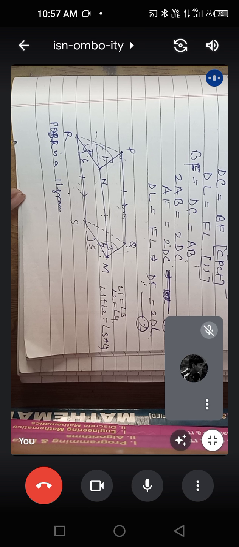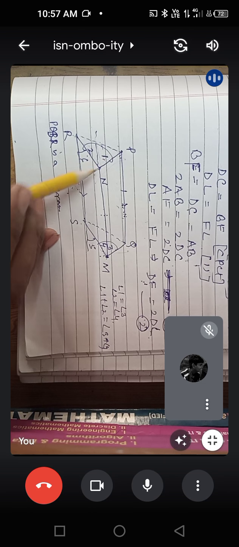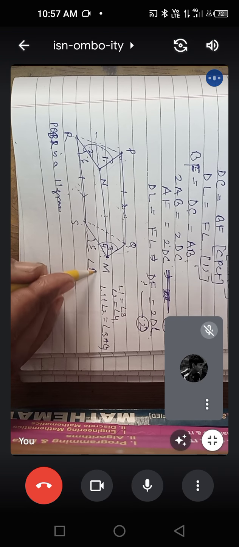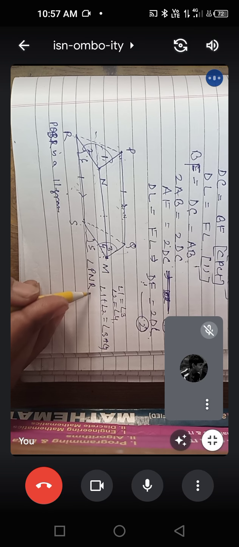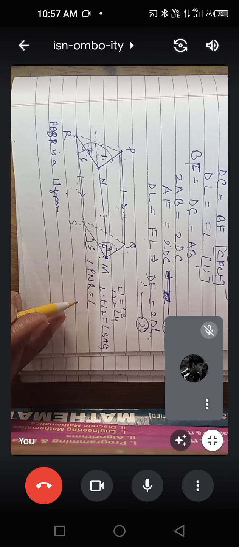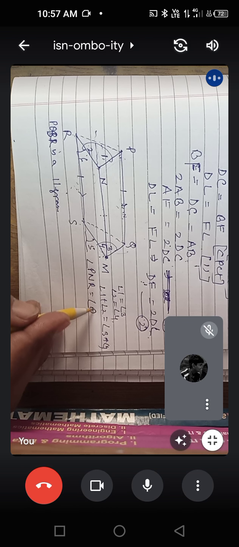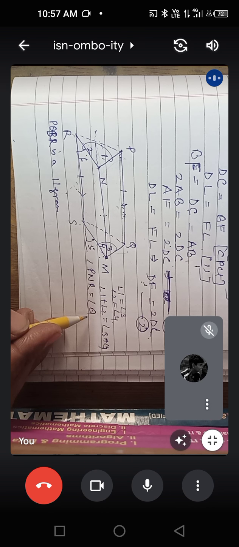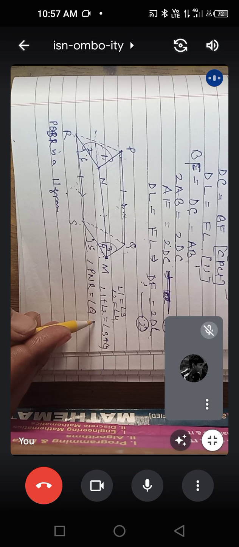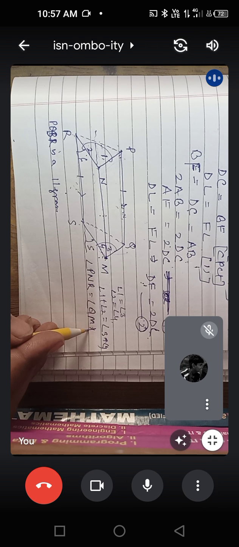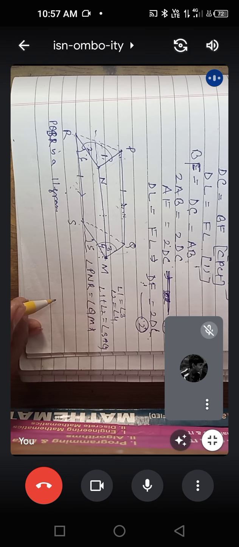So what do you see? Angle PRS is equal to angle QMX. This is okay now? Any doubts?